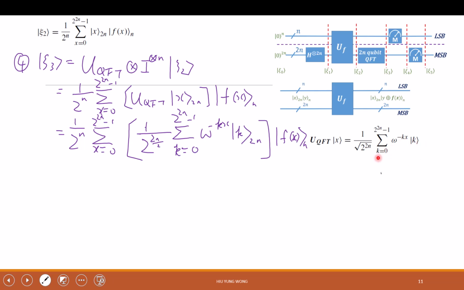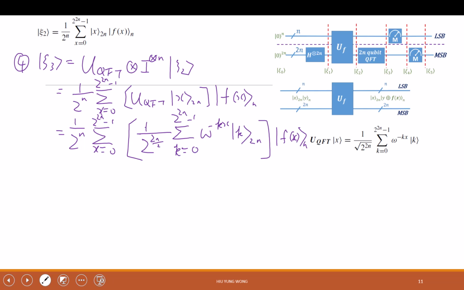But here it is kx due to the index. So that is what I put here, right? So the quantum Fourier transform of x is equal to the summation of all the basis states, but weighted by omega negative x times that index k. That's it.